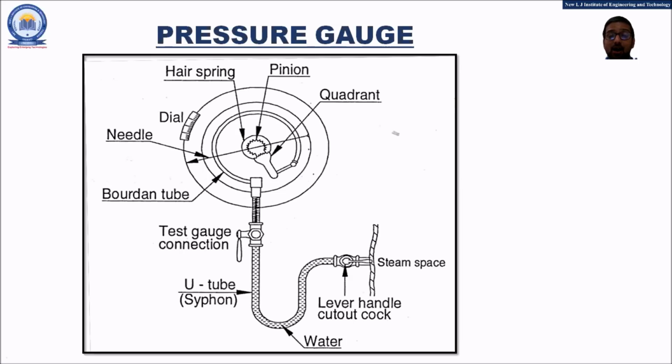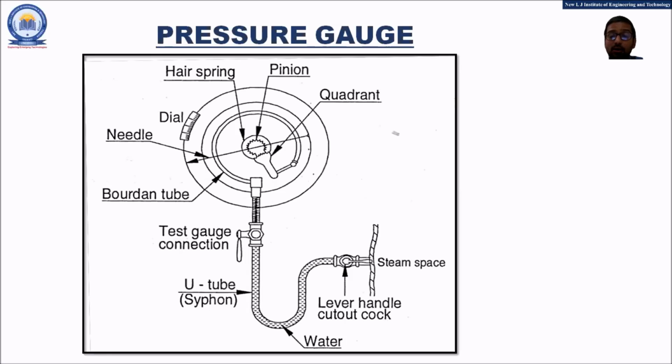So this is how the boiler attendant notes down the pressure, and this is how the working of the Bourdon tube pressure gauge takes place. Dear students, I have explained the working in very simple language. I hope you have understood the working of the Bourdon tube pressure gauge.